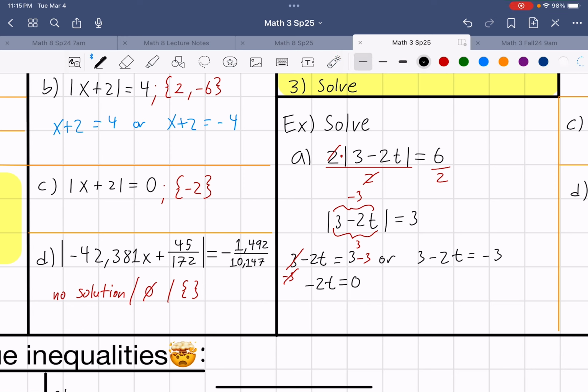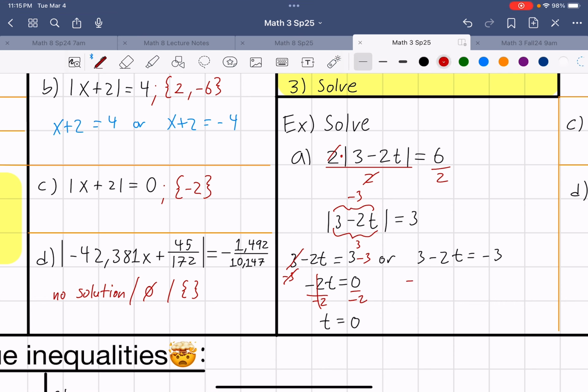Now, I divide both sides by negative 2. And that leaves me with the answer of 0, which makes sense. Because if I plug in 0 into t, negative 2 times 0 is 0. 3 minus 0 is 3. The absolute value of 3 is positive 3.